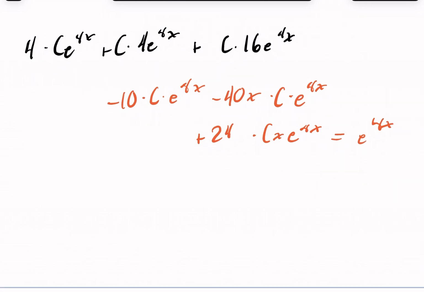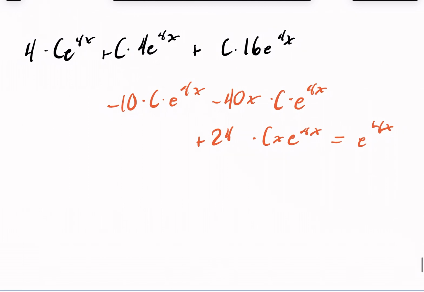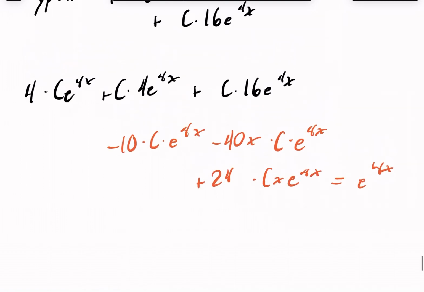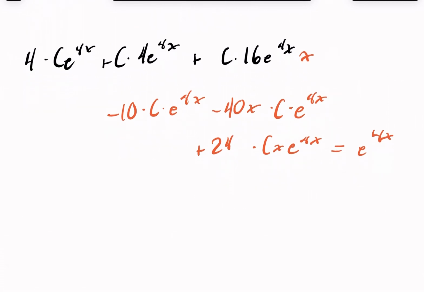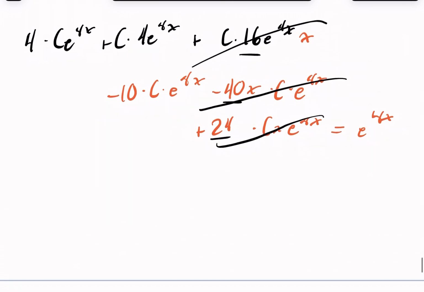Okay, so you'll see that we have, look at the x first off. We have x, and then, just writing in the x when I distributed it, we have an x right there as well. So 16, 40, 24, all with x. They cancel each other out, okay?